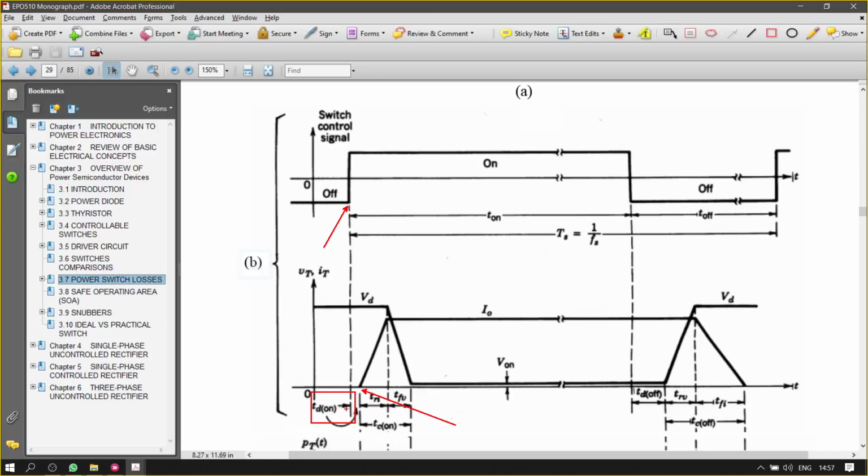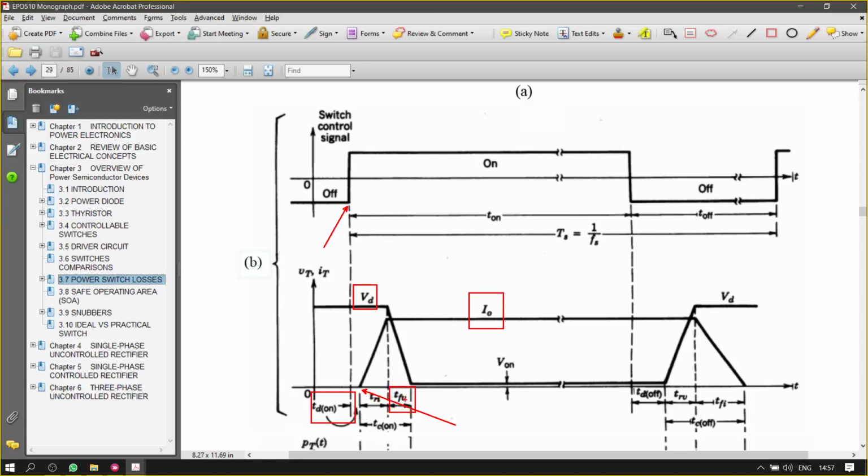Look at this. So there is a delay time here, and then we start to see the current rise until it reaches its maximum current, then the voltage starts to reduce. So there is a rise time, and a fall of the voltage. This is TRI, the rise time of the current.